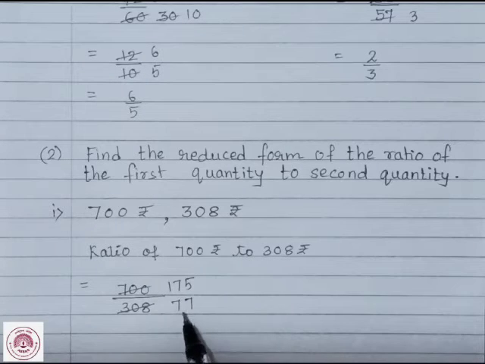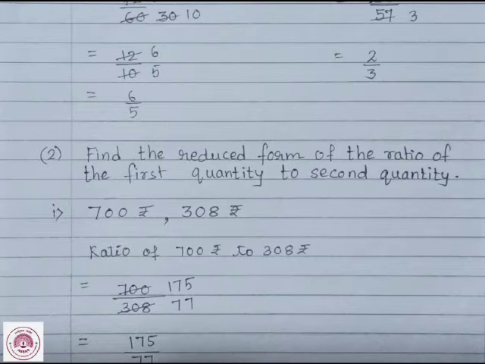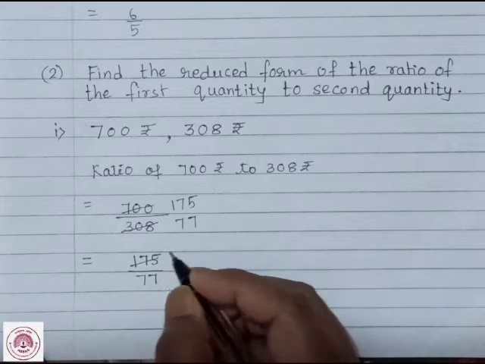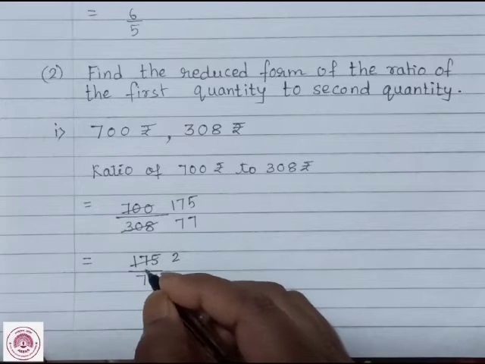So it is 77. So we can write it as this is equal to 175 upon 77. Now we can further divide it by 7. So 7 2 times is 14.